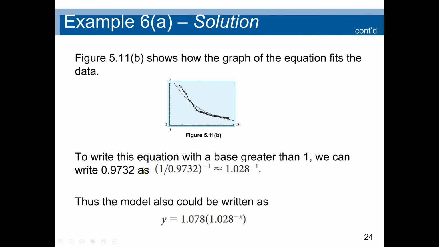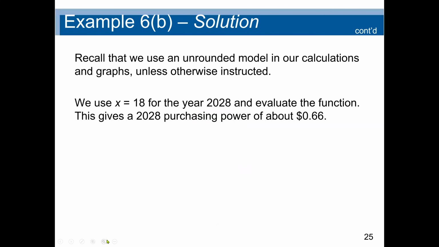So we said this equation with the base greater than 1 will give us this. And that's what we have here. With the base less than 1, as previously, it will give you 0.9732 to the power x, not to the power negative x. Now we should recall that we use an unrounded model in our calculation and also graph, unless otherwise instructed.